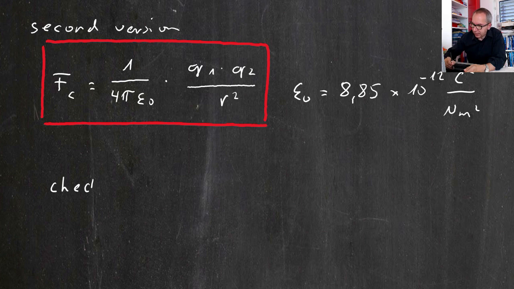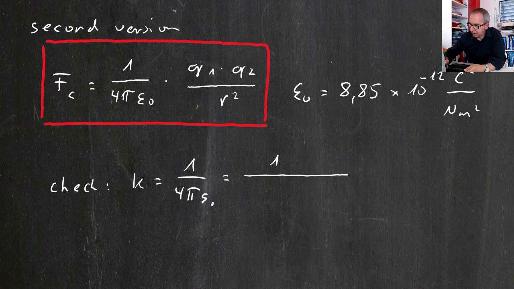And we can check if this is true. So k has to be the same as 1 over 4 times pi times this epsilon 0, and we can fill in the number, and you can do that yourself.